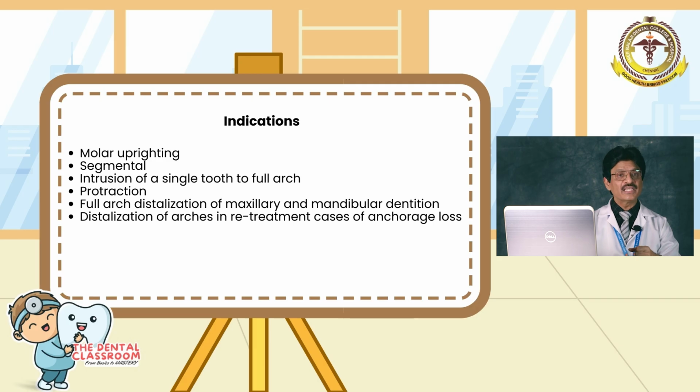So what are the indications? It can be used for uprighting the molars, for segmental retraction, for intrusion of a single tooth or a full arch, for protraction of teeth, for full arch distalization of maxillary and mandibular dentition, and for distalization of arches in retreatment cases of anchorage loss.